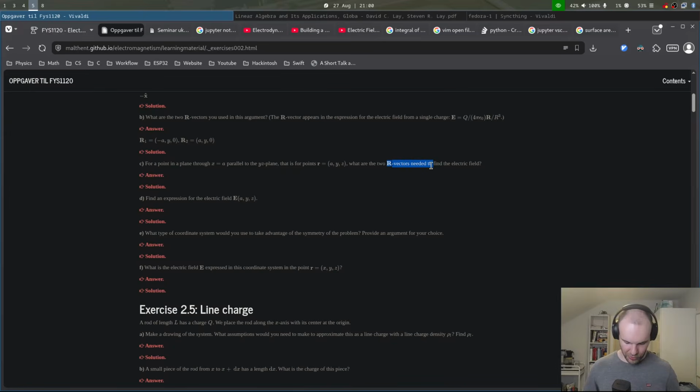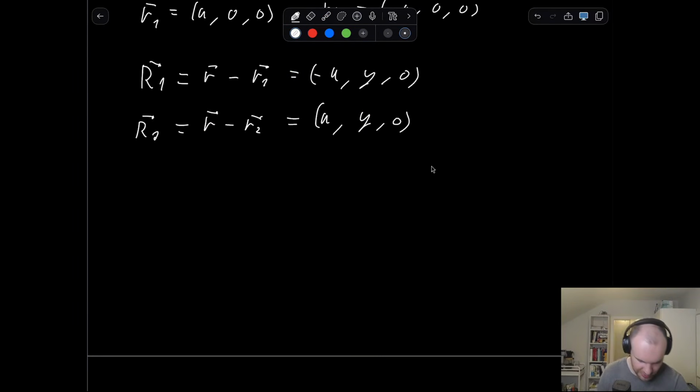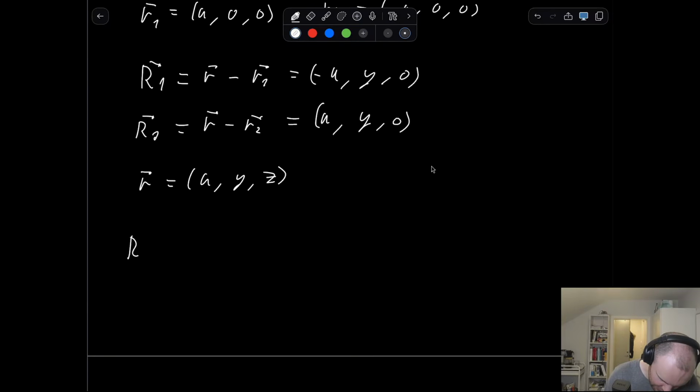We need a point again, same thing again. r is now equal to A, y, z, but otherwise it's the same.